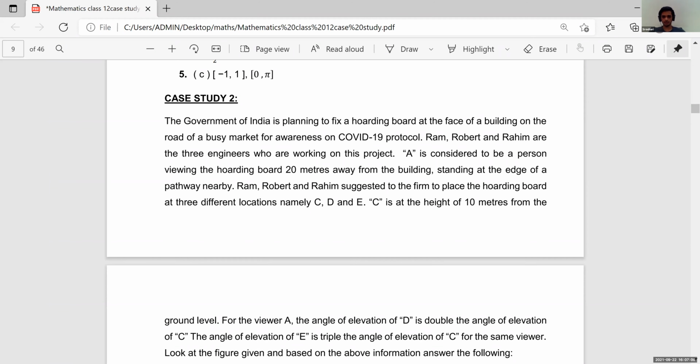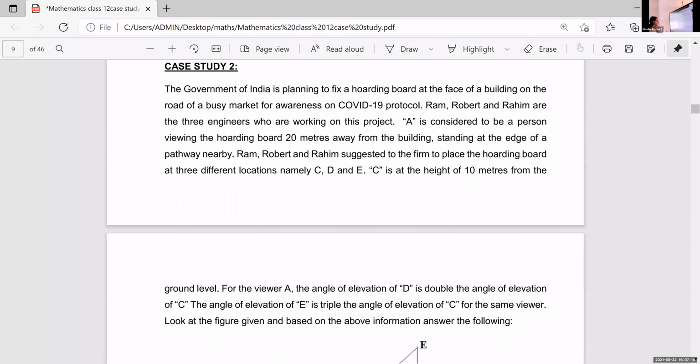A is considered to be a person viewing the hoarding board 20 meters away from the building, standing at the edge of a pathway nearby.